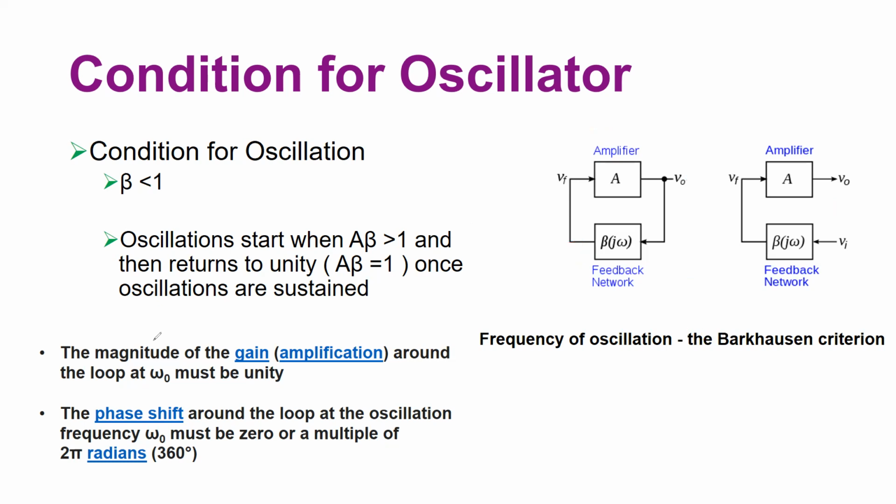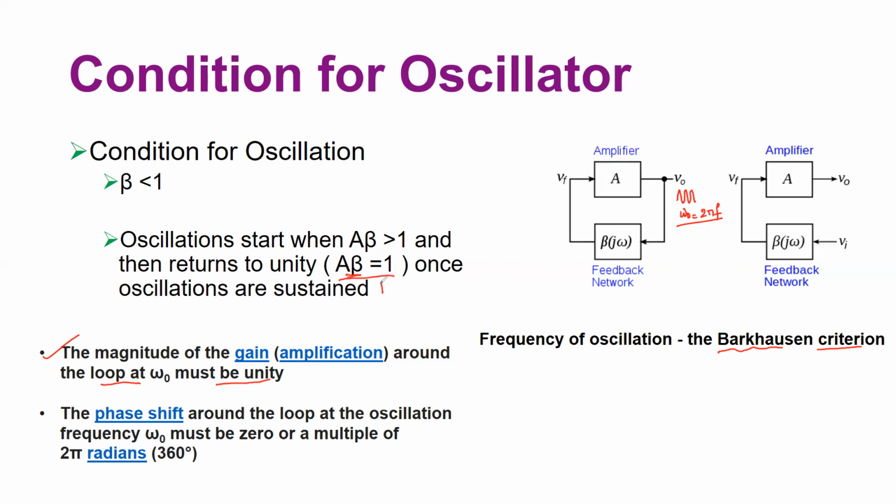Now, when it is a linear or harmonic oscillator that produces a sine wave at a single frequency, let's say omega is equal to 2 pi f, and you want that frequency of oscillation, you have to satisfy the Barkhausen criteria. The first condition, which I just explained, says the magnitude of the gain around the loop, that is A beta, must be equal to unity, or greater than or equal to 1.